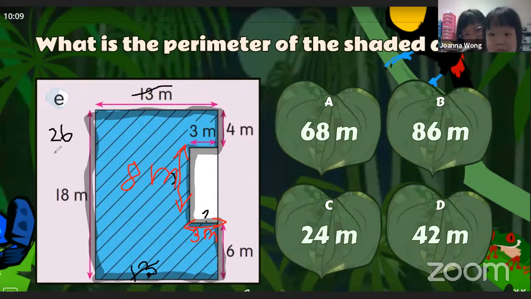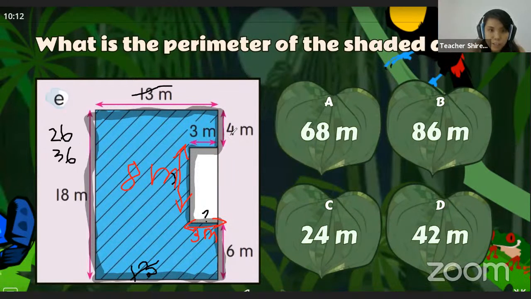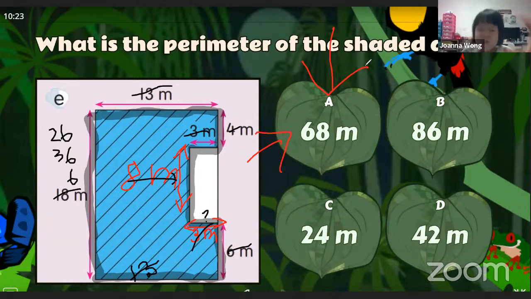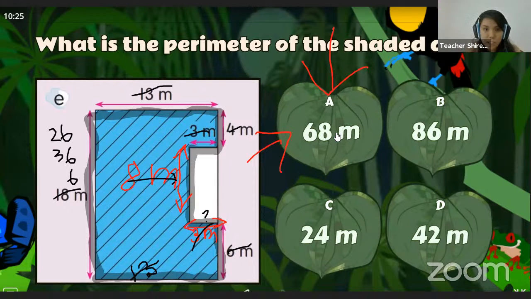And this one is 36. Then you plus with another 6. So very good. So the answer is 68.